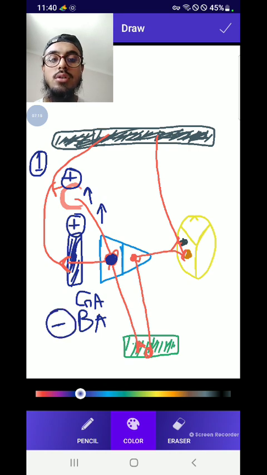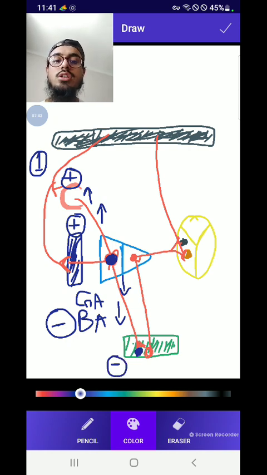So the action potential towards the subthalamic nuclei decreases. The subthalamic nuclei receive an action potential which is very low, which means there is less stimulation at the subthalamic nuclei.